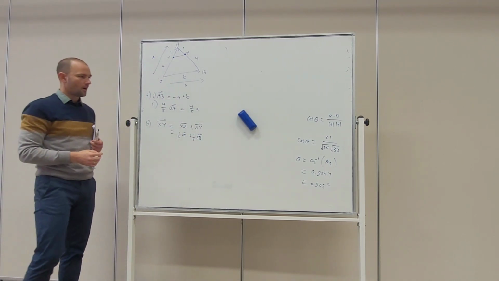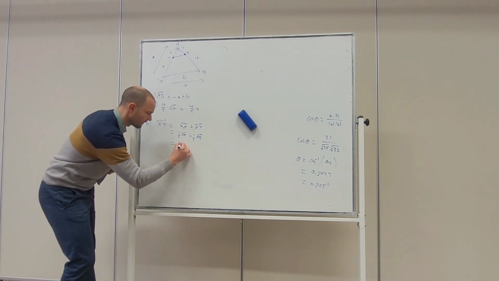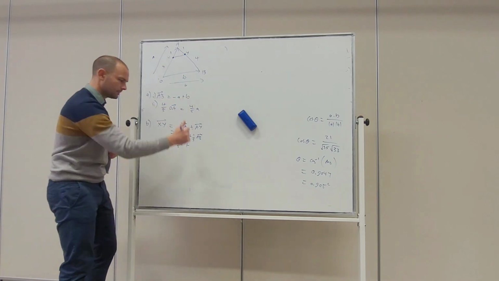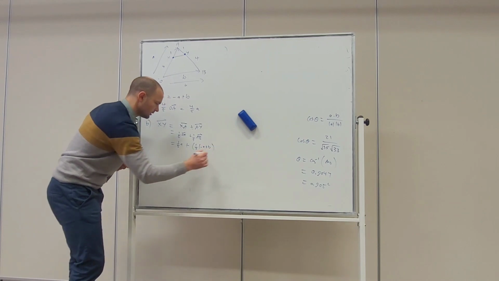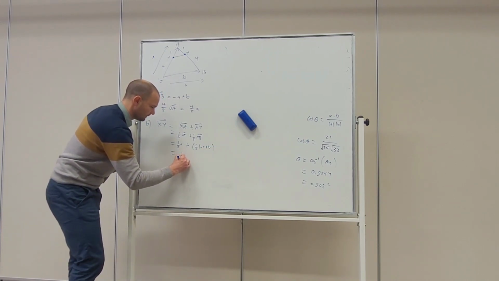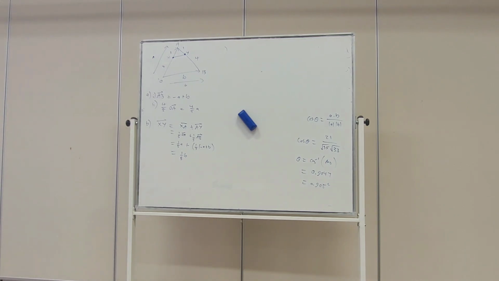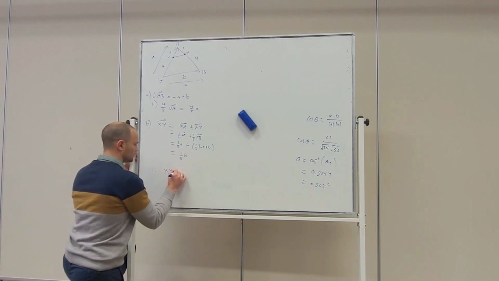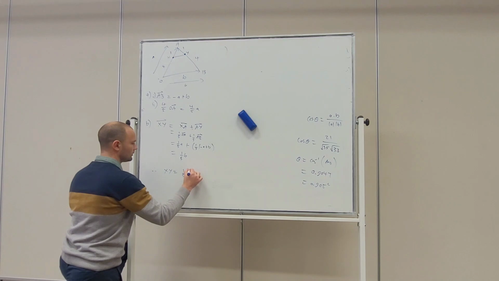Now we've already defined vector OA. Vector OA is just A, so we have 1/5 of A. And vector AB is minus A plus B. When we collect this, we're left with 1/5 of B, which is one-fifth of OB.